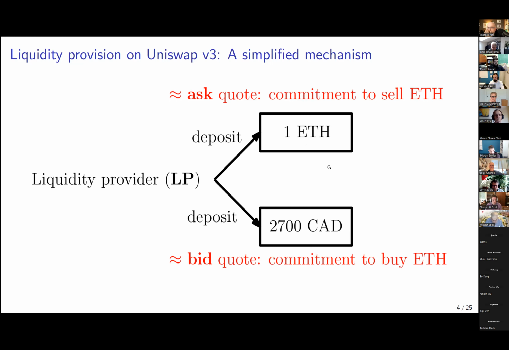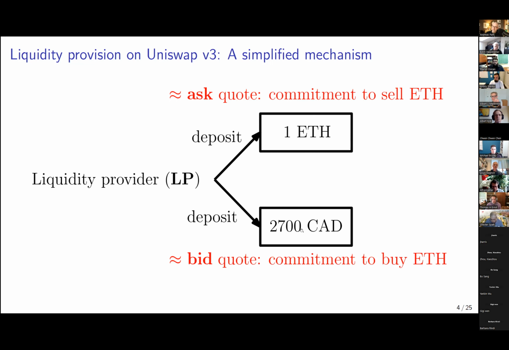And these deposits, I found it useful to think about them as, in a way, equivalent to ask and bid quotes, right? So you put one Ether on the pool. That's a commitment to sell it if anybody wants to buy it. So it's sort of like an ask quote on a limit order book.